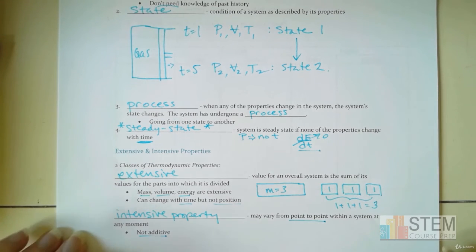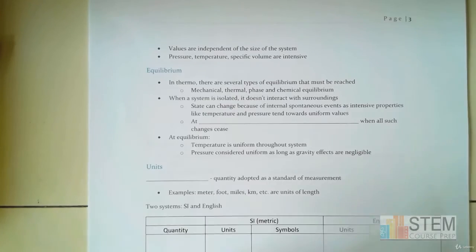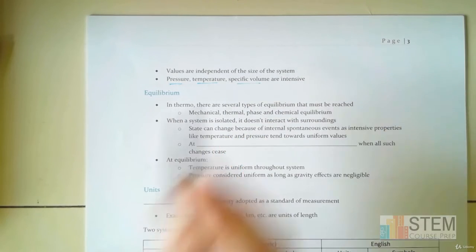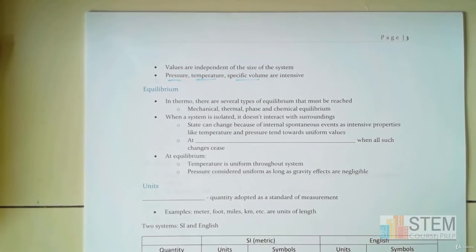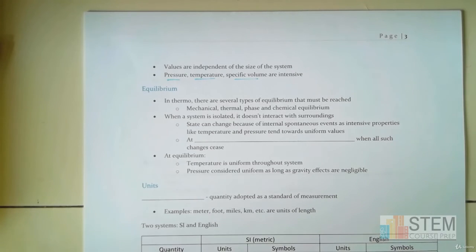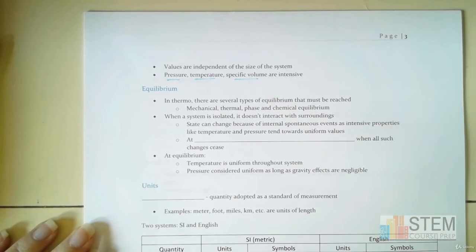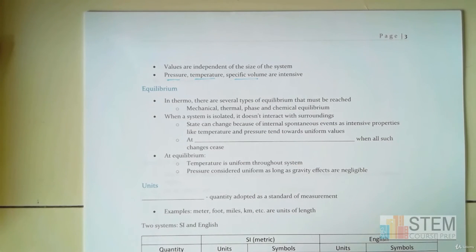Examples of that would be pressure, temperature, and something called specific volume, which we'll go over in just a little bit. If you think about a room with a temperature, you can't divide up your room and then take the sum of the temperatures for the different pieces of the room, right? It doesn't make any sense because the temperature is going to be constant throughout, typically. So that's an example of an intensive property. If you can't cut it up into pieces and do the sum, it's intensive.